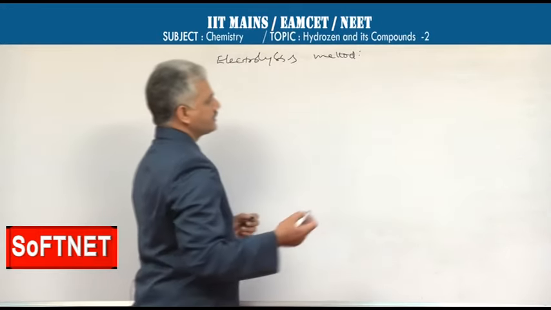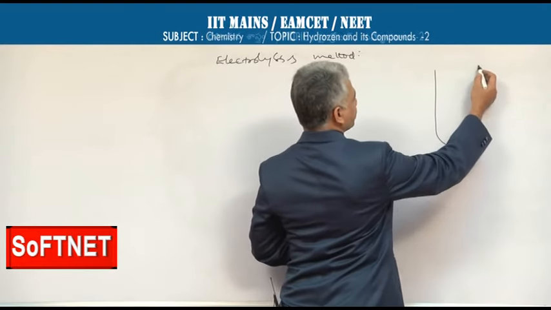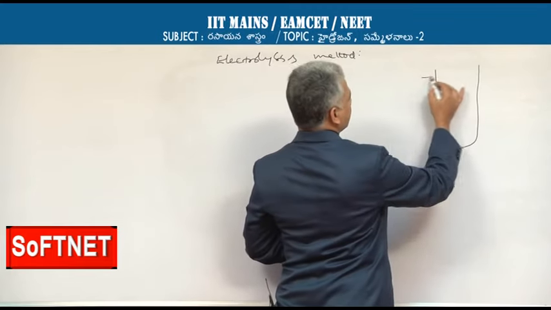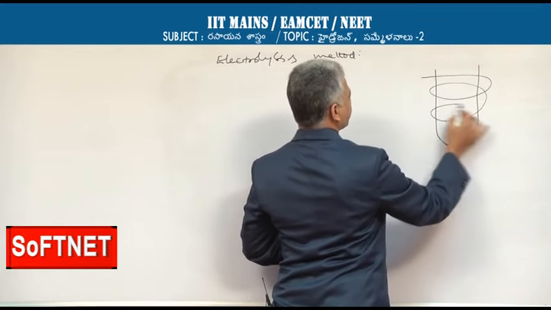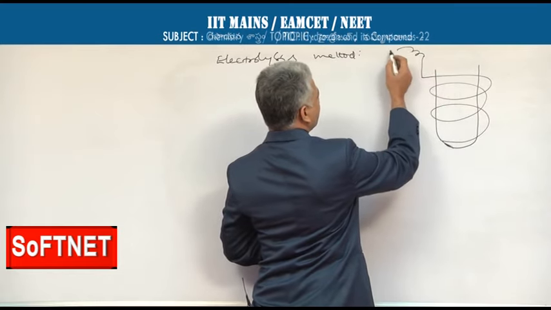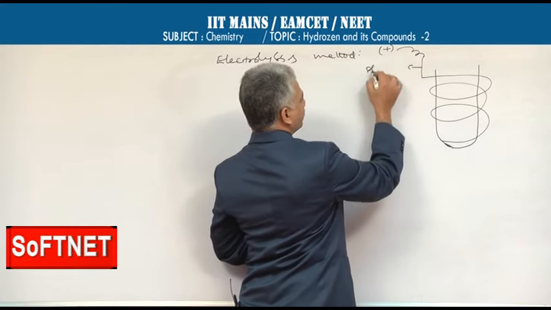In the electrolysis method, a hard glass tube is taken. It is wound with lead wire that acts as anode.